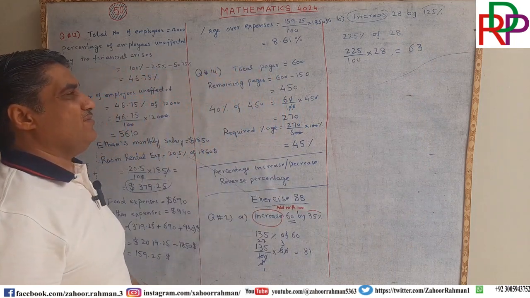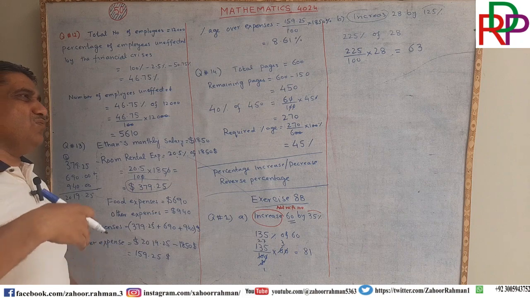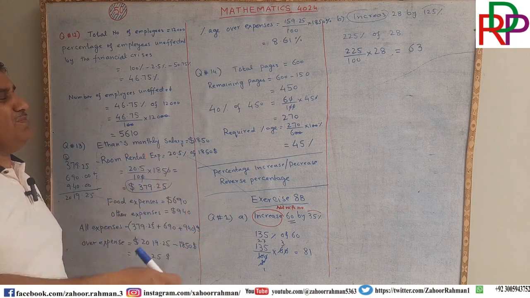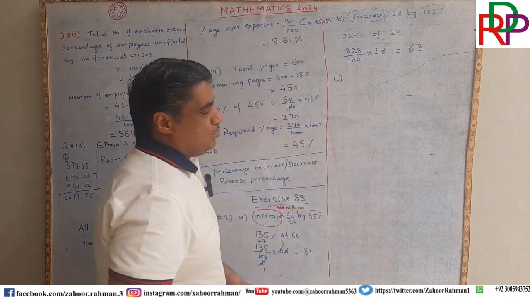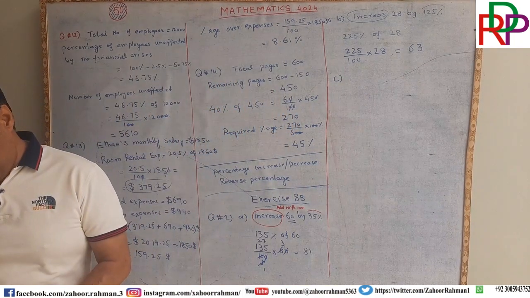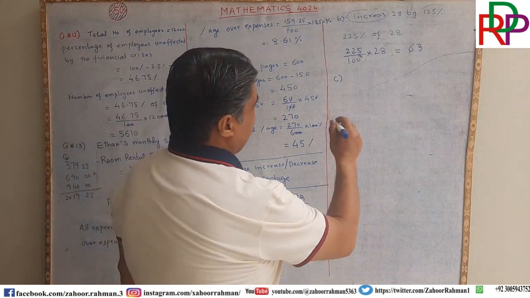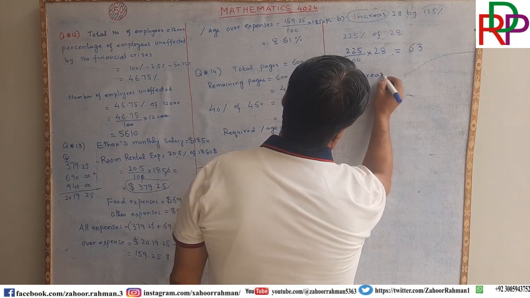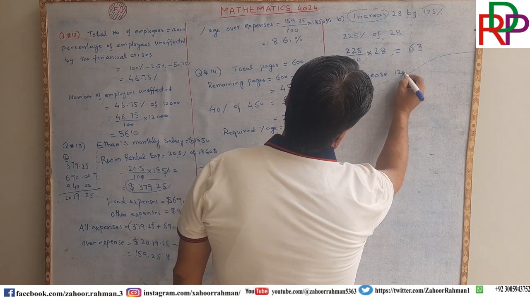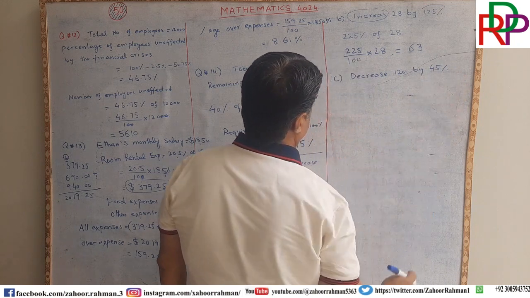If 28, whose double is 56, and 25% more means 63. Now in the next two parts we are going to decrease. Decrease 120 by 45%.